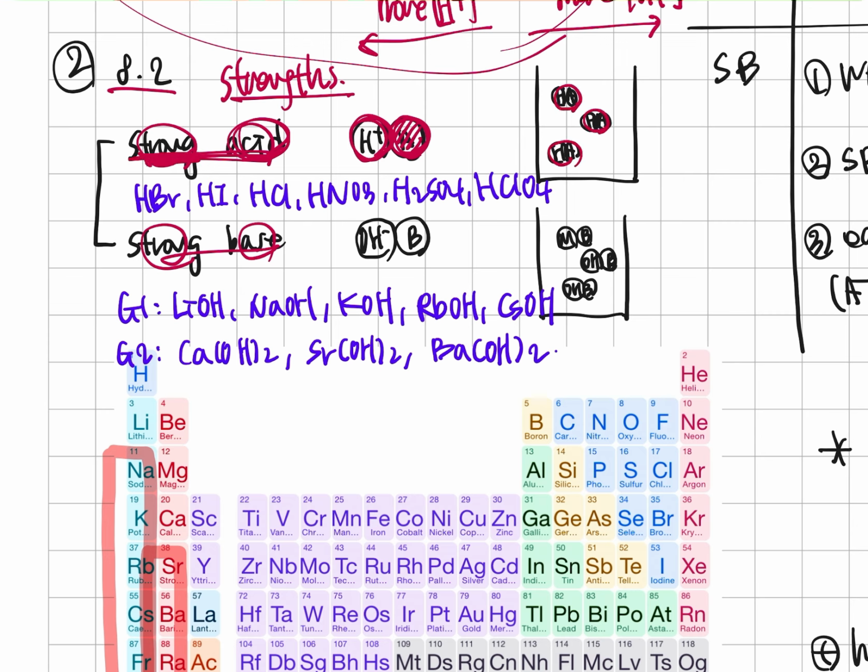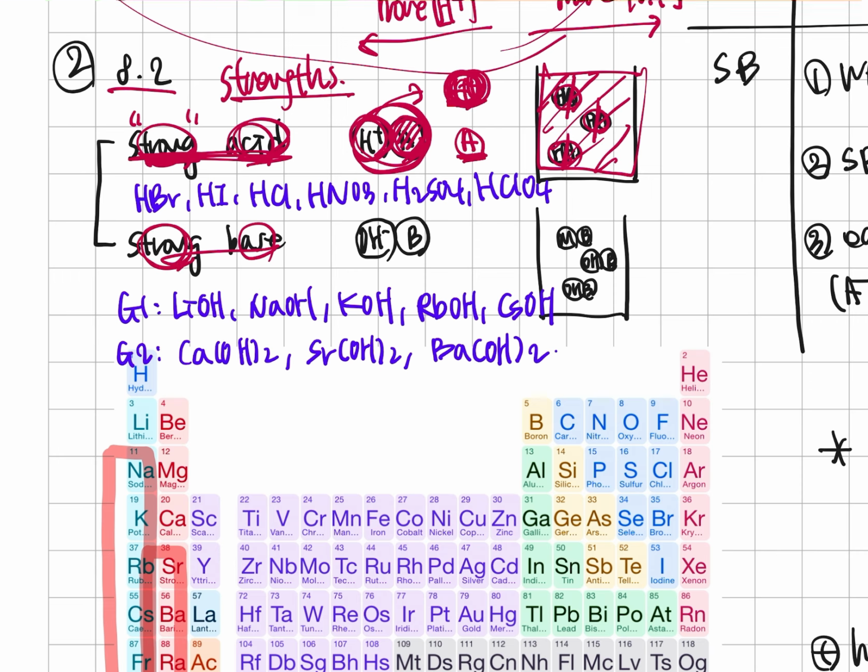But by strong, it means that it is very good at breaking free from these and making the entire solution more strongly acidic. In this kind of state, we can't really say that this is an acid, but once this H plus ion breaks free from its conjugate base, this is what makes the solution acidic, a single H plus ion.